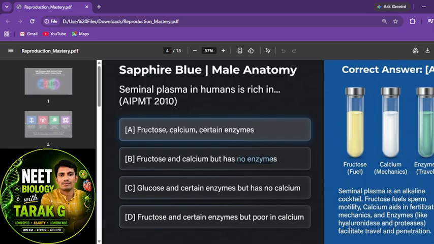The enzymes like hyaluronidase and proteases facilitate sperm capacitation and penetration when the sperm is trying to move into the ova through the corona radiata and zona pellucida. These are the sperm lysins. So the correct answer is fructose, calcium, and certain enzymes.